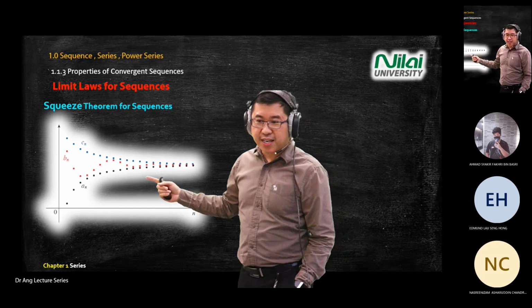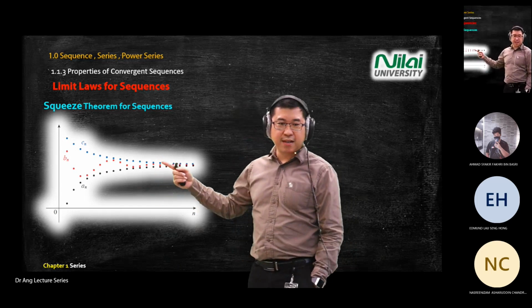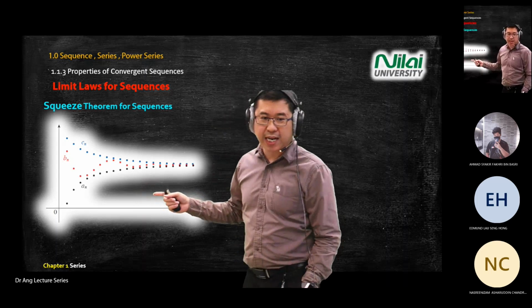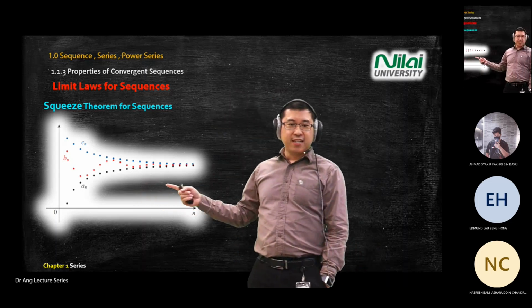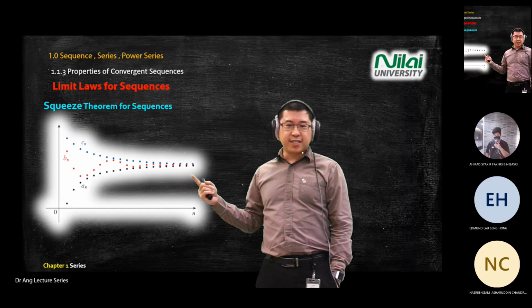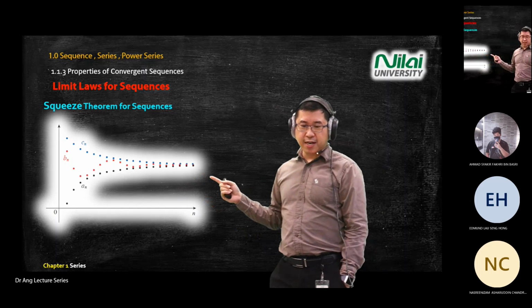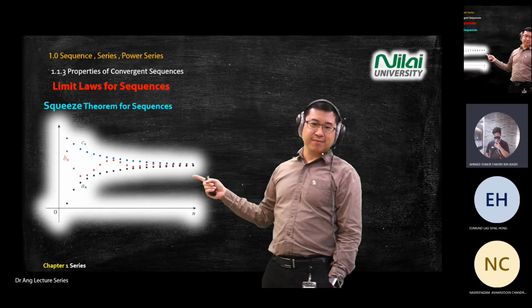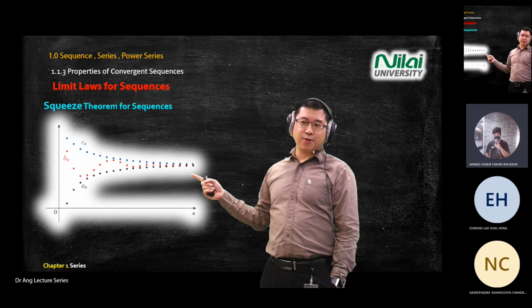So the first one is a_n, the second set is the red color b_n, the third one is c_n, the light blue color. As you can see here, are these 3 sets of data convergent or divergent? Shakil. Convergent, sir.